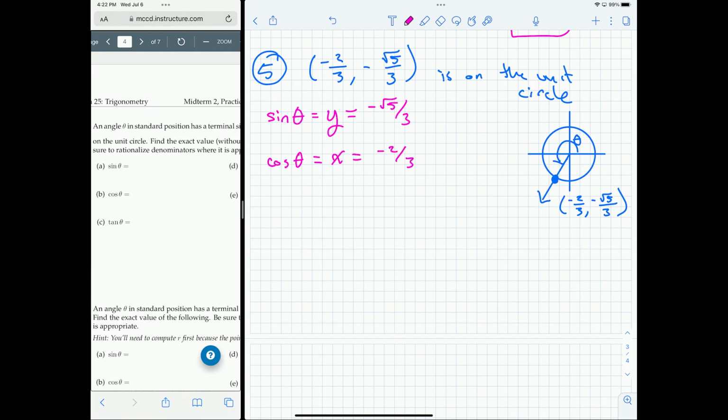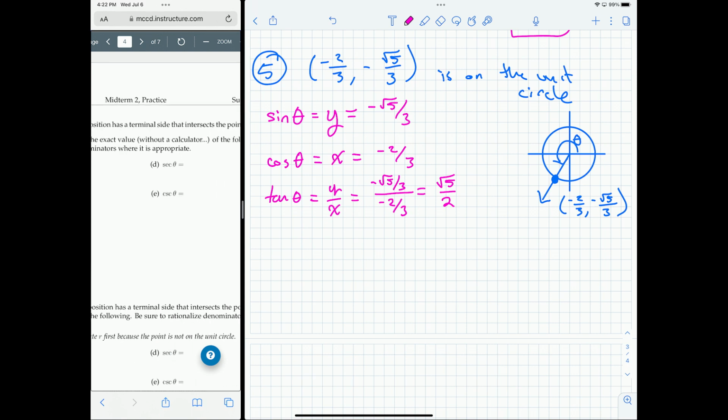What's next? Tangent theta. Tangent theta is y over x. So that's negative root 5 over 3 over negative 2 over 3. The negatives cancel, the 3's cancel, and I'm going to get root 5 over 2. Feel free to put that into a calculator if you are confused.